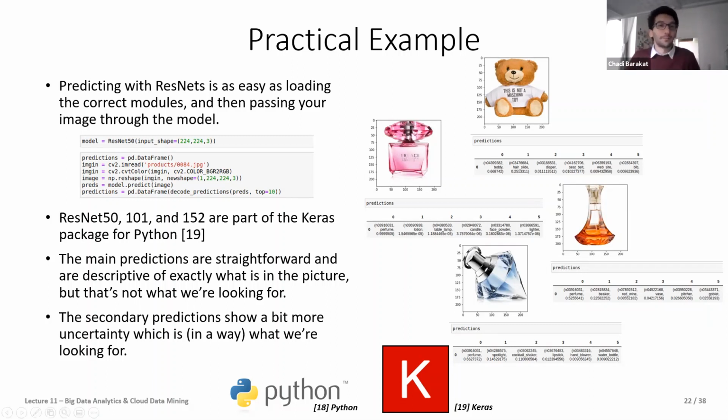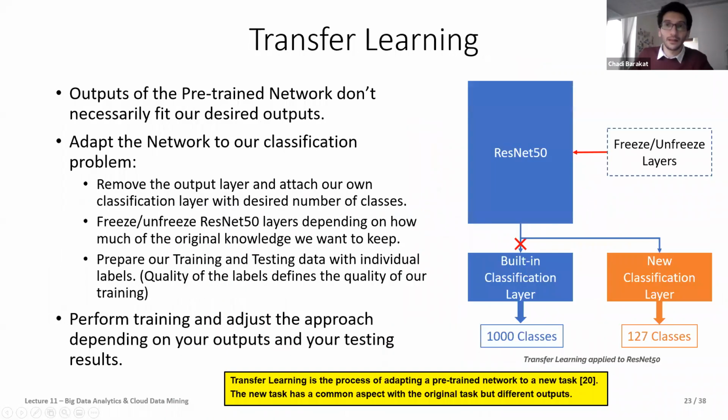So what we do, by applying the Keras module in Python and also TensorFlow, is we take the network that we already have, and then we apply transfer learning, which I mentioned 2 slides ago.